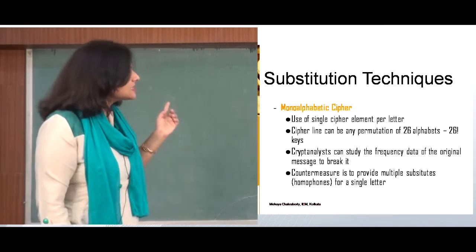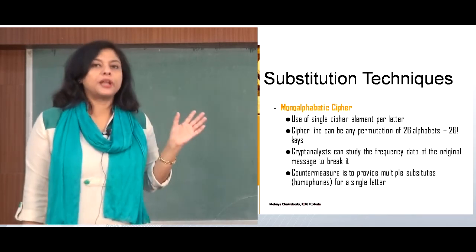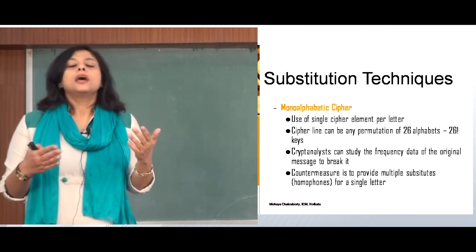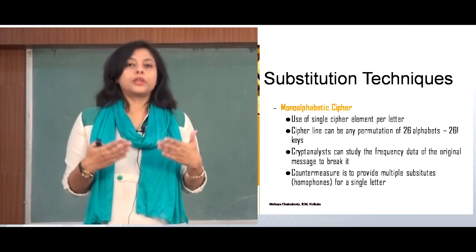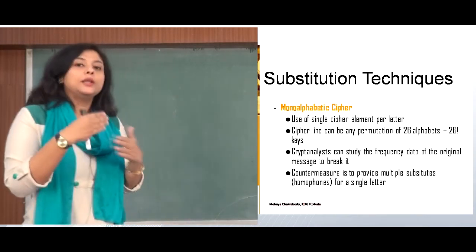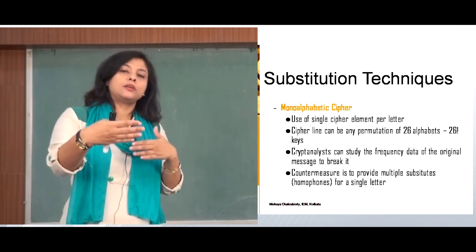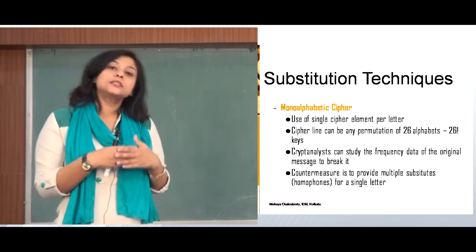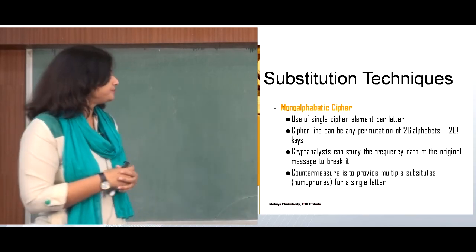Actually, cryptanalysts can study the frequency of the data of the original message to break it. If you look into the English language, the letter E occurs most frequently and the letter Z occurs less frequently. So by looking at the frequency of this data in an original message, the cryptanalyst can easily break this type of code.